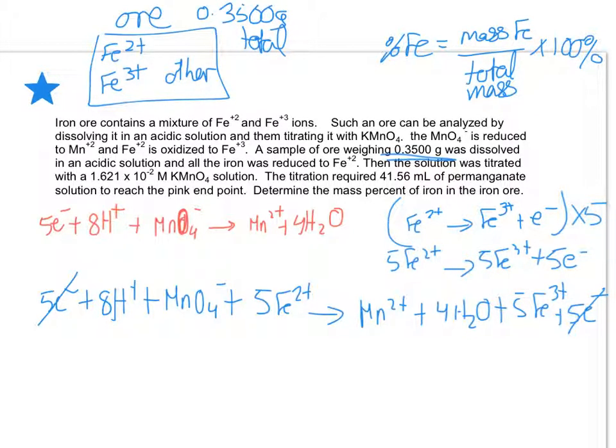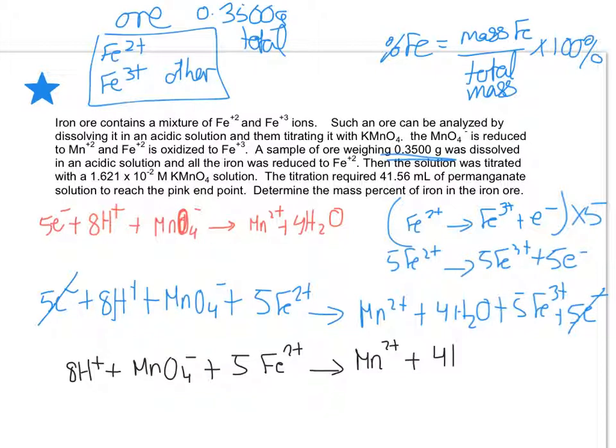So let me rewrite it a little bit neater. So 8H+ plus MnO4- plus 5 Fe2+ yields Mn2+ plus 4 H2O plus 5 Fe3+.